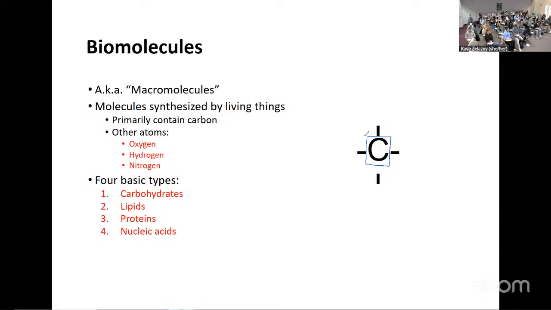So we're going to break this down into 4 basic types of biomolecules, each of which will have some subsets. We're going to first talk about carbohydrates, and we're going to talk about lipids, and we'll talk about proteins and nucleic acids before zooming in specifically and thinking about enzymes.